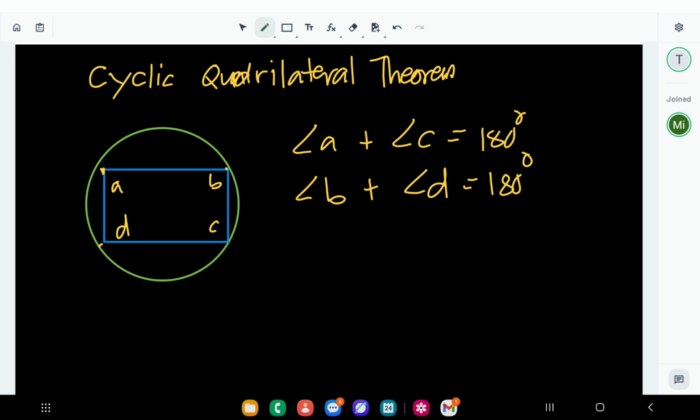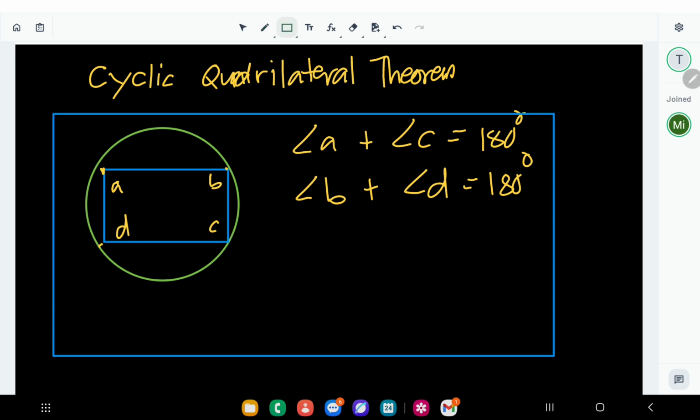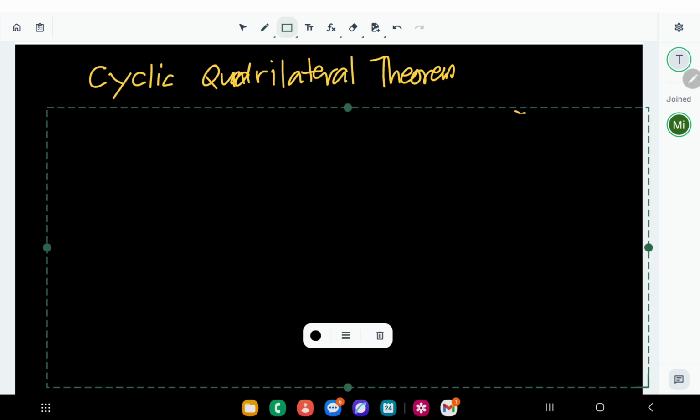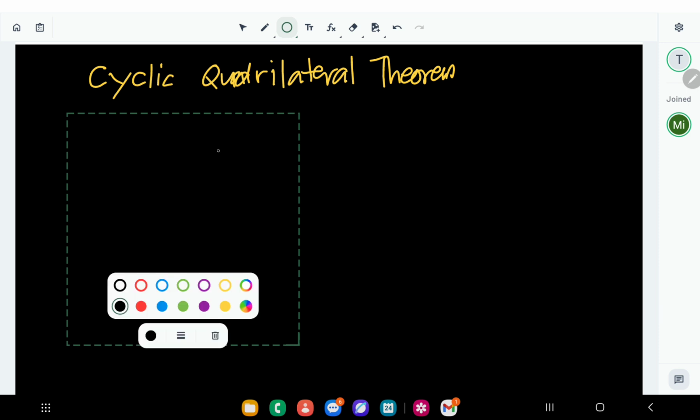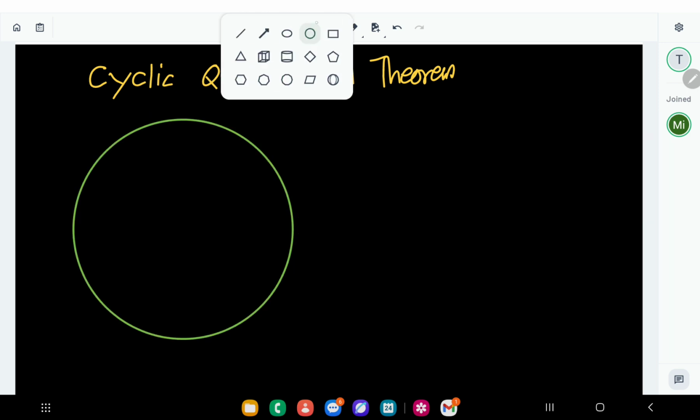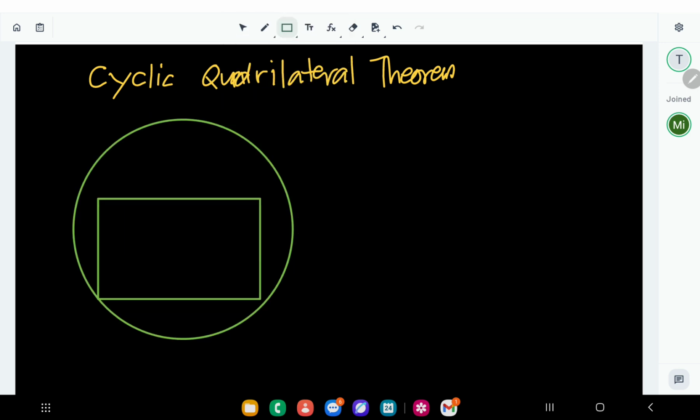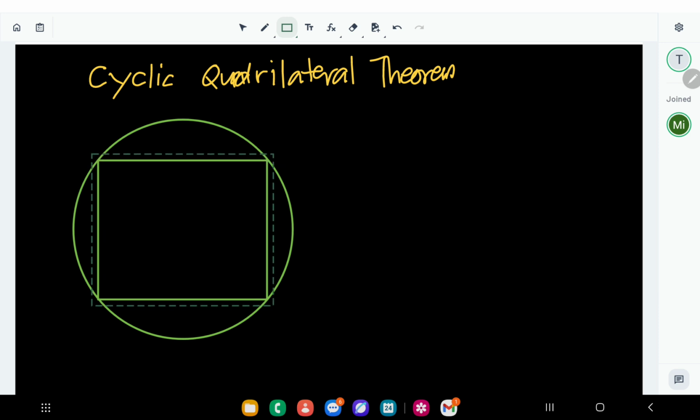Okay, so let's answer the problems in your worksheet. Okay, so you're given quadrilateral WXYZ, and you are asked to find the angle.